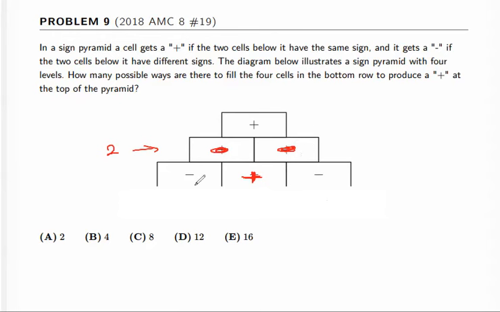So which means if this is positive and these two are negative, it's still positive. So if we start with negative, positive, negative, that is one thing you can start with if there are only three layers. Or we already have negative, negative, negative. If all three are negative, you could have positive at the top.